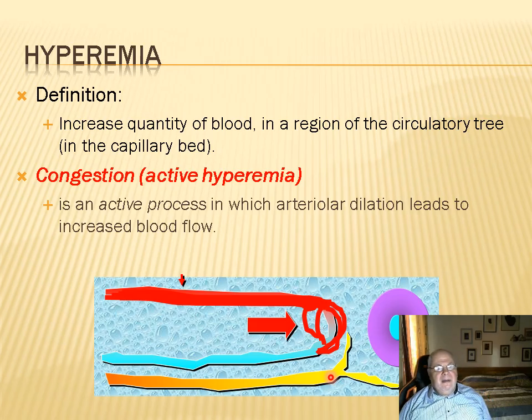This hyperemia is divided, at least in our concept here in the Cluj school, into two different pathological processes: congestion, which is also called active hyperemia, and stasis, which is also called passive hyperemia, because the mechanism of production is different.